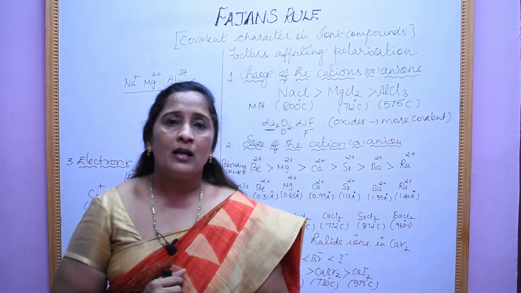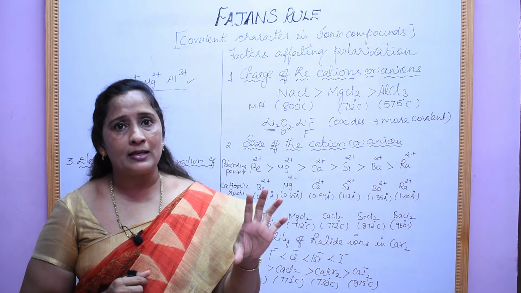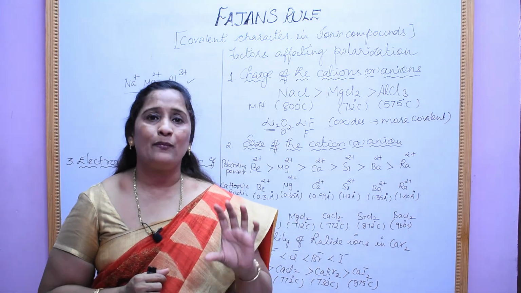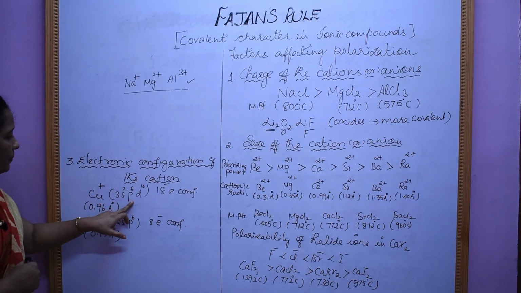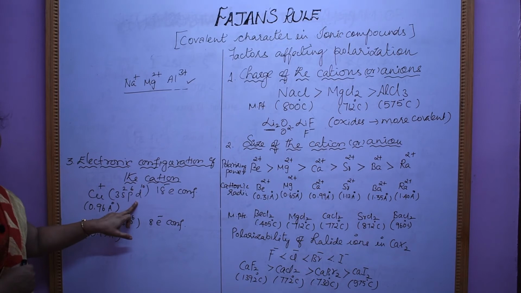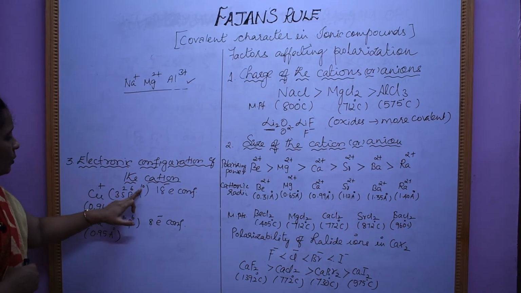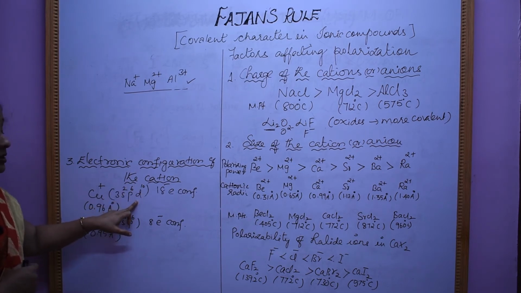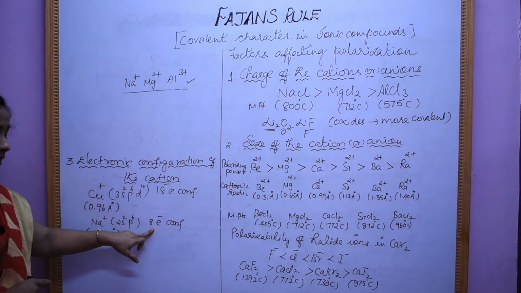The cation having 18 electron configuration, like s2 p6 d10, is called a pseudo inert gas configuration, right? The 18 electron configuration has more power to polarize the anion when compared to the cation having 8 electron configuration.